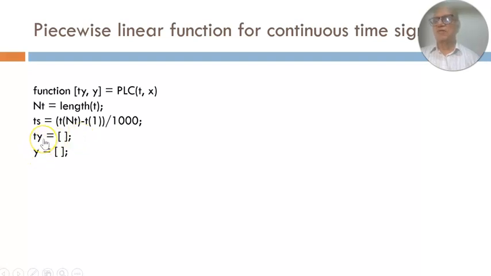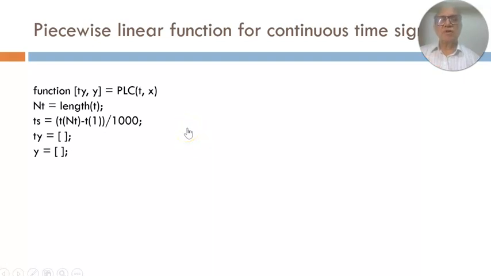Alright. Then you initialize the output arrays. So ty is initialized to null, y is also initialized to null, and then you will get into the for loop. And every time the for loop is traversed, it will calculate the slope for the line, it will calculate the intercept for the line, and then it will generate all intermediate points, and therefore will generate the array for ty and y for that particular line segment.